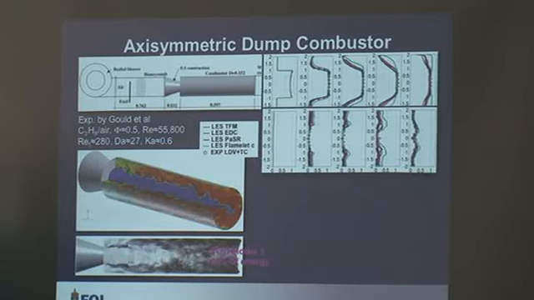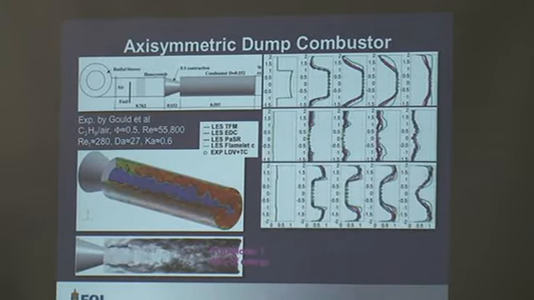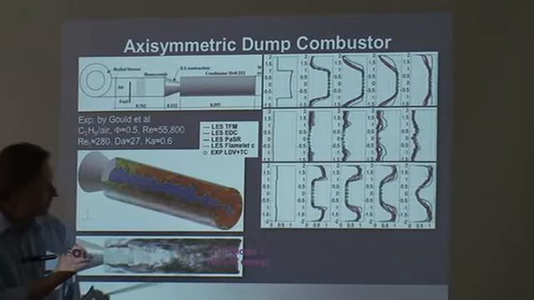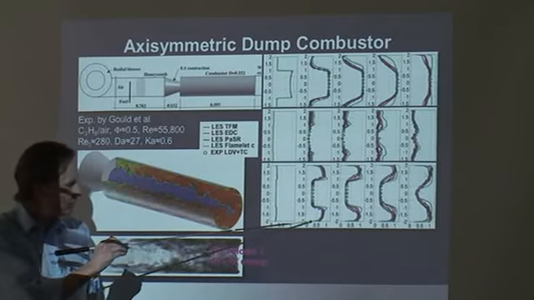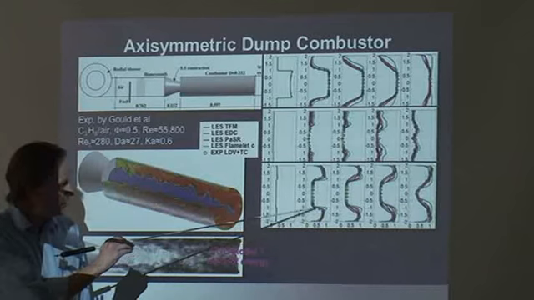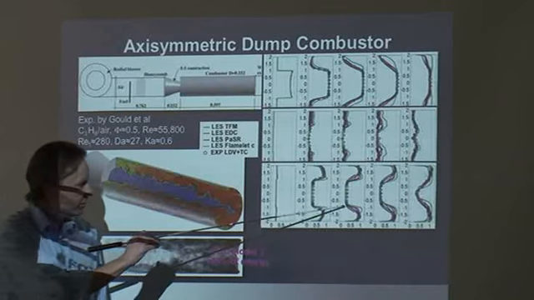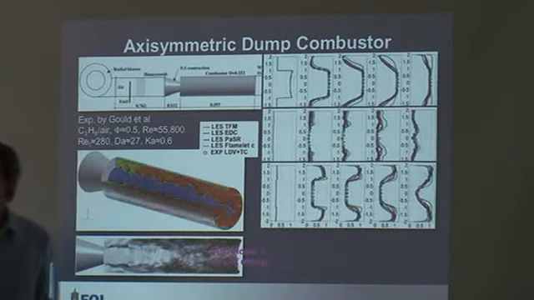We get the overall profile reasonably well, which indicates that the burning regime, the flame brush, is reasonably well captured. It's in the right position. The spreading is right. This is the temperature profiles. Again, we have reasonably good profile agreement, and the evolution of the profiles is also pretty good.